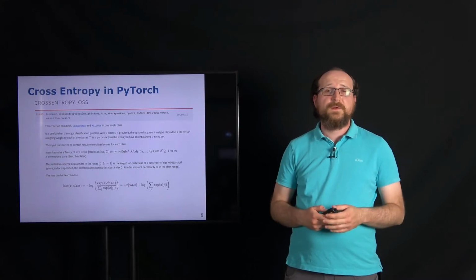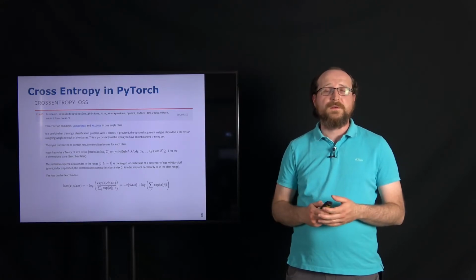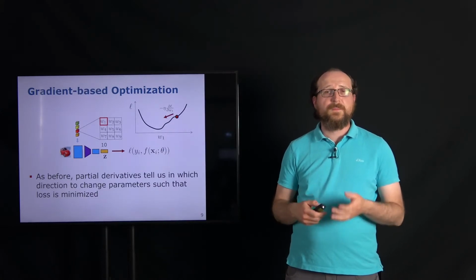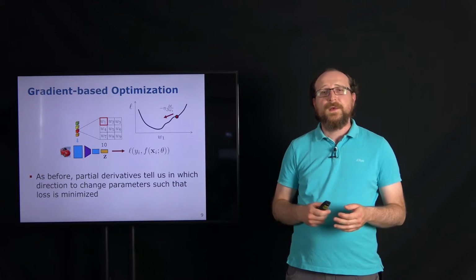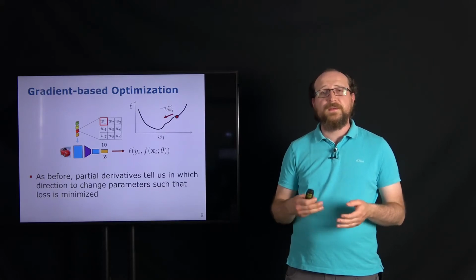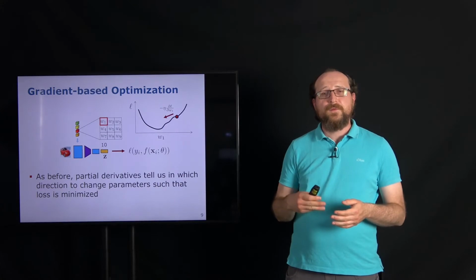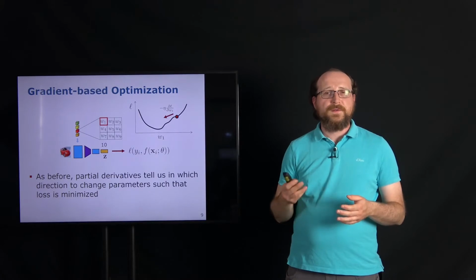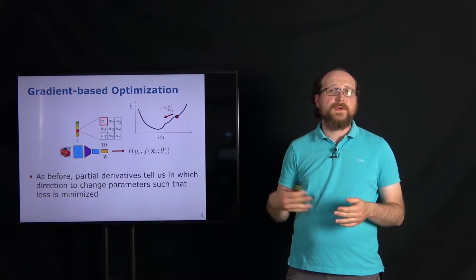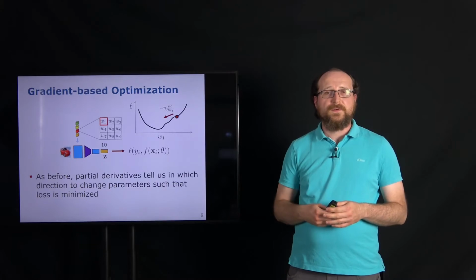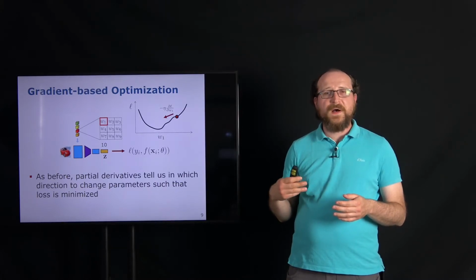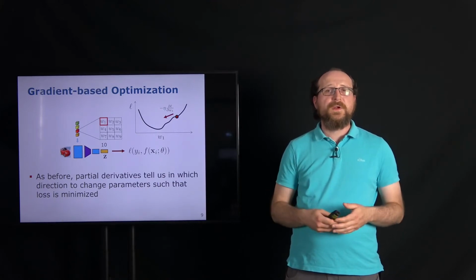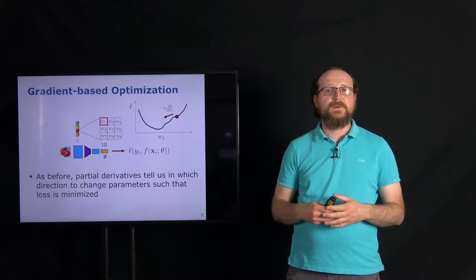And for minimizing the loss, we are of course back at using gradient descent. So we are using a gradient-based optimization. For a specific parameter, in this case W1, we want to determine the partial derivative of the loss in respect to W1, and want to go in a negative gradient direction. By using this, we can optimize the individual parameters in a way that we are minimizing the loss in the end.